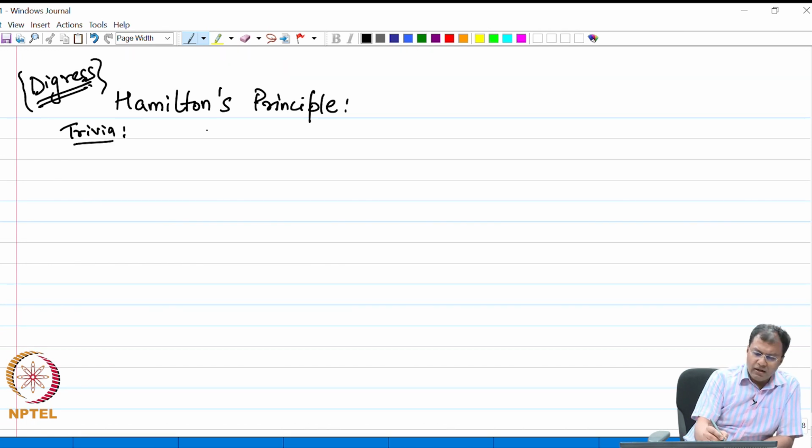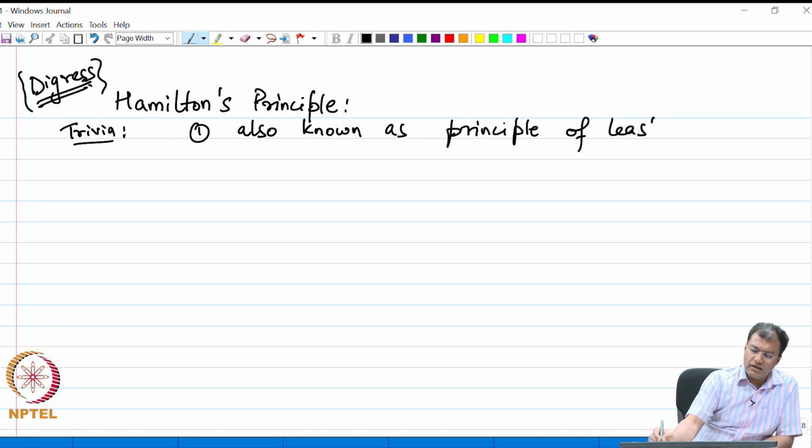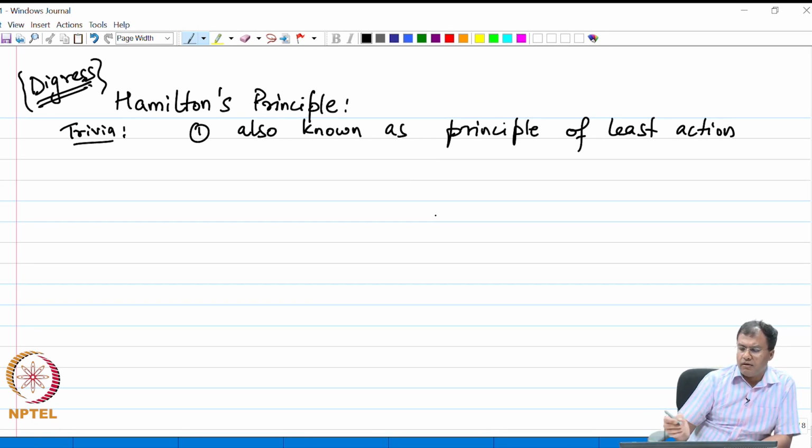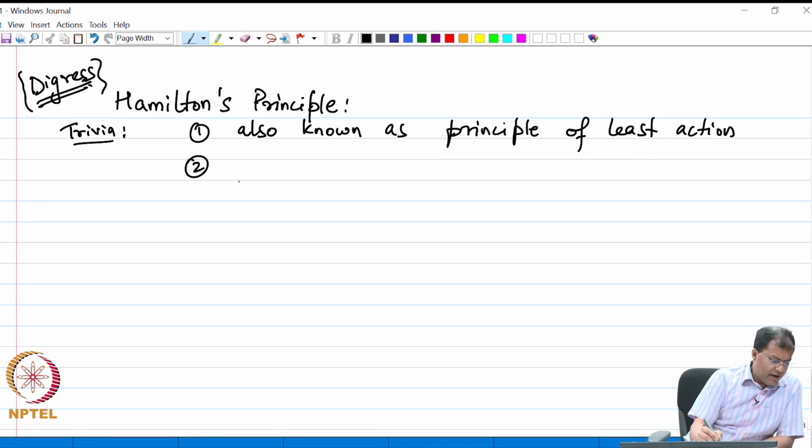It turns out that Hamilton's principle is also known as the principle of least action, right. All these words will become very clear as we move along our course discussion.